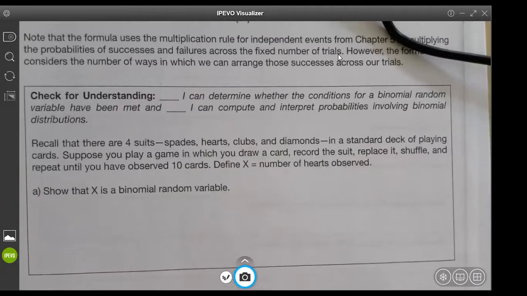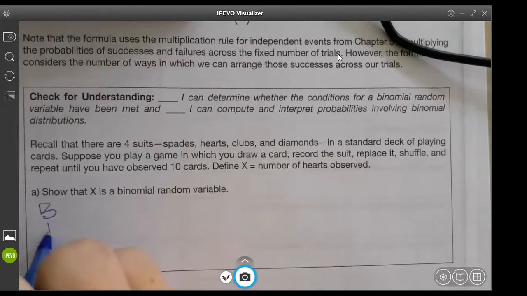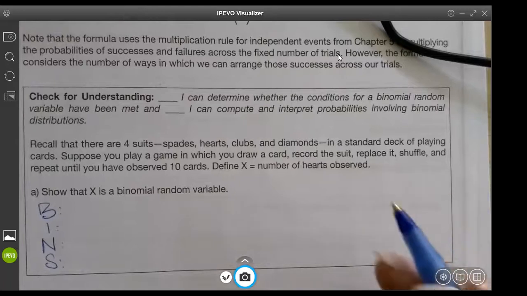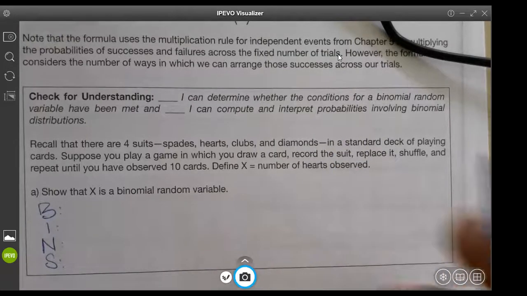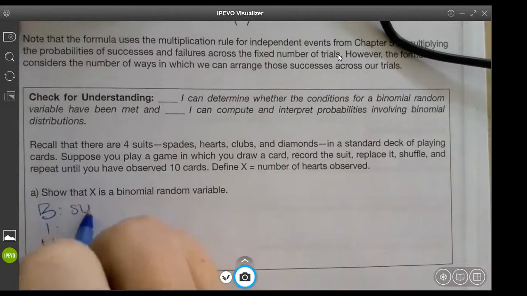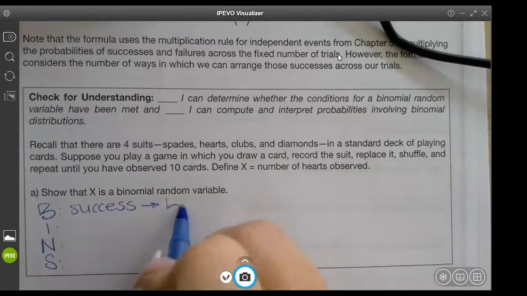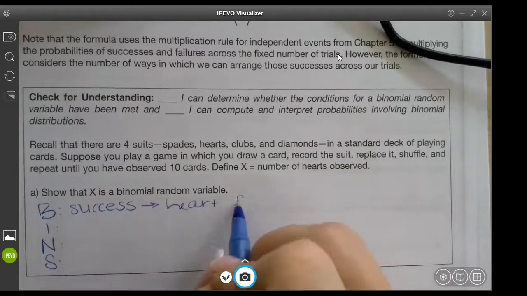How do we show that it's a binomial random variable? BINS. What is the B for? It stands for binary, to show that it has 2 parts, a success and a failure. What's your success? A heart. What's your failure?